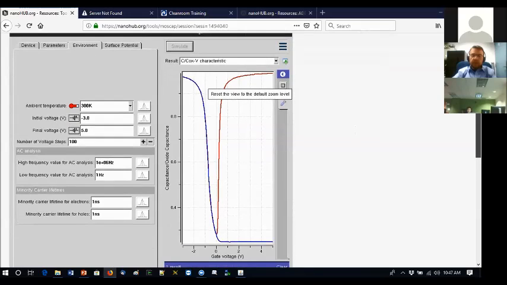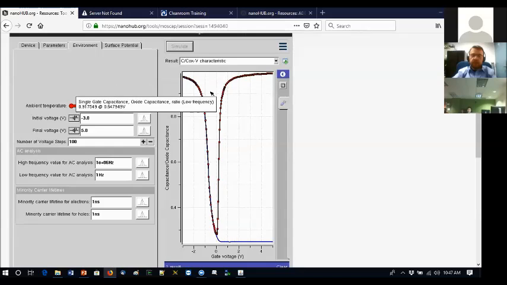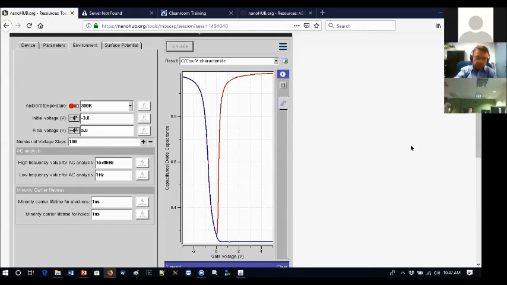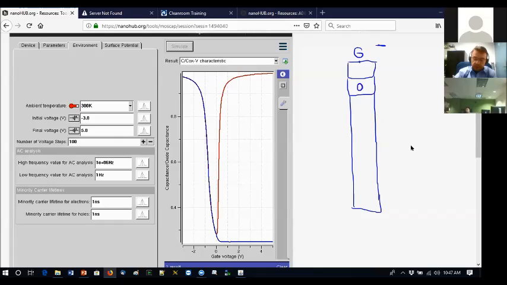So this is a very important graph that you're observing here. It's the capacitance versus voltage graph. Let me remind you very quickly that we had the gate, the oxide, and the large semiconductor layer here. What happened was we were applying negative voltages to the gate side first. That's our semiconductor.